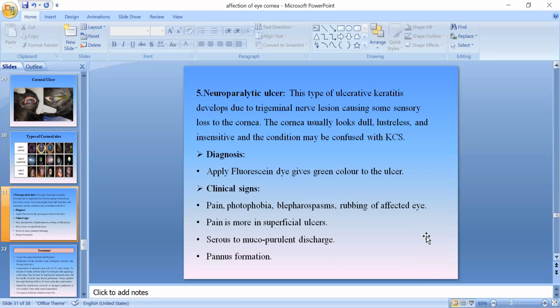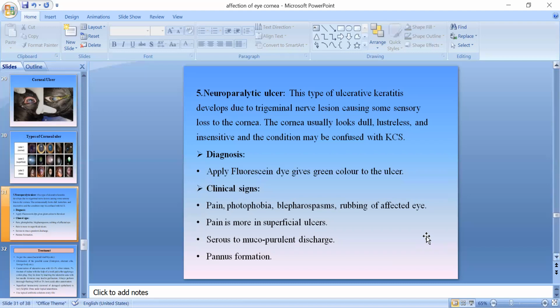Neuroparalytic ulcers: this type of ulcerative keratitis develops due to trigeminal nerve involvement. The cornea usually looks dull, lusterless, and insensitive. So in neuroparalytic ulcers, there is involvement of the trigeminal nerve.